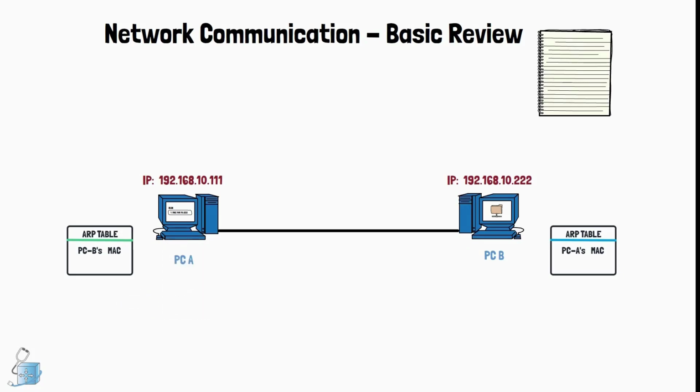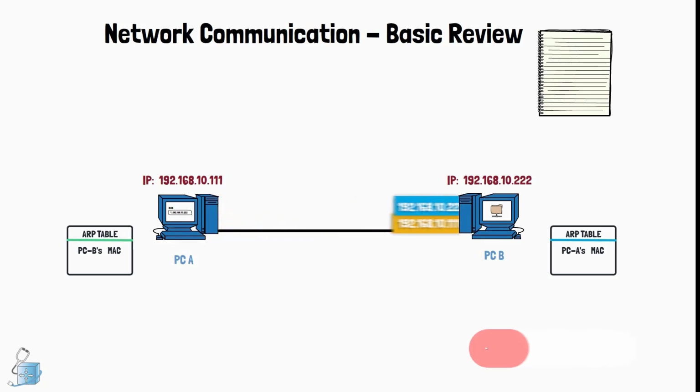Now the IP packet is ready to be sent with the source IP of 192.168.10.111 with the source port number of 1024. The destination in this case will be 192.168.10.222 with the destination port number of 445, which is the well-known port for the SMB protocol.